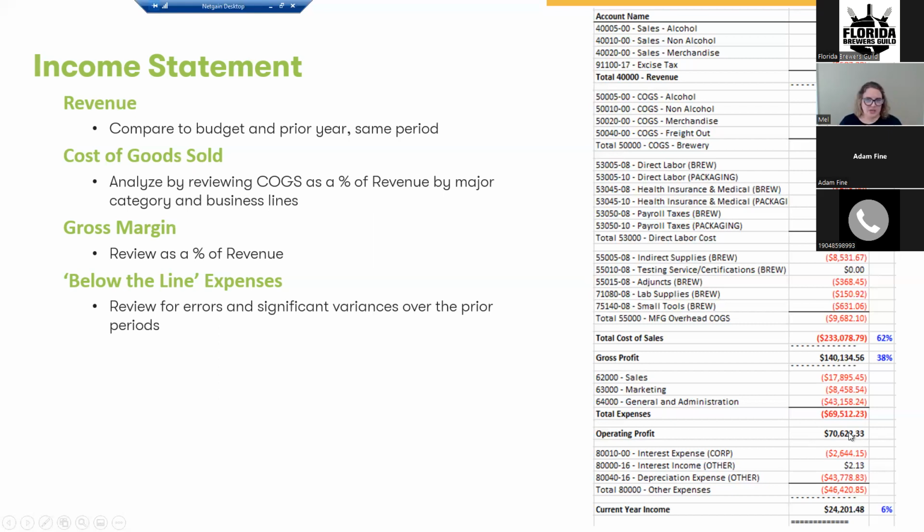When I'm reviewing a P&L with any of my clients, I more or less ignore these items. They're completely out of your control. Depreciation obviously is not related to actual cash flow at all. So I'm always looking at, I just clicked on it, the operating profit line.